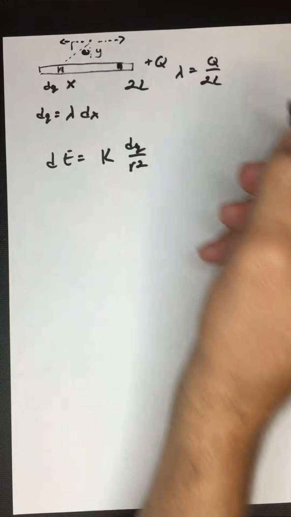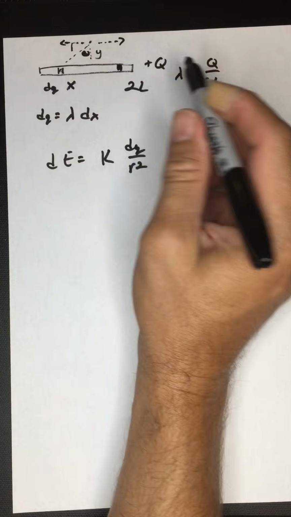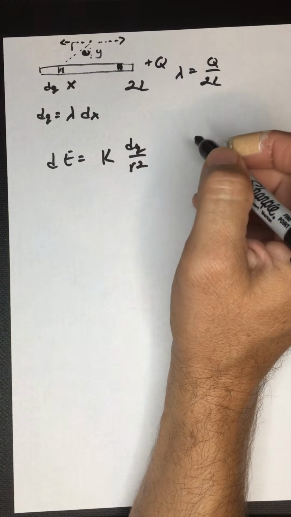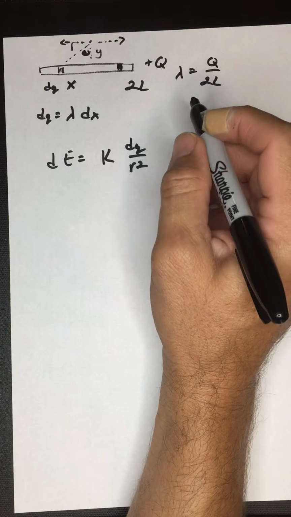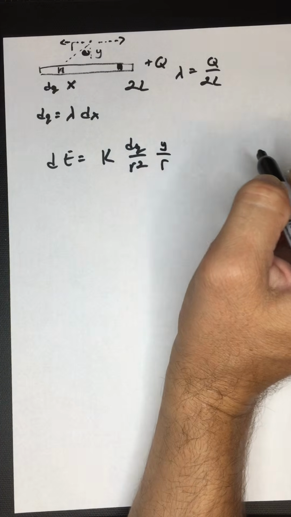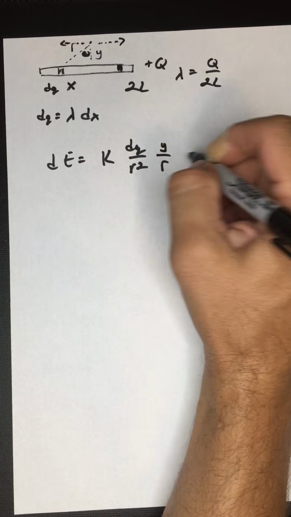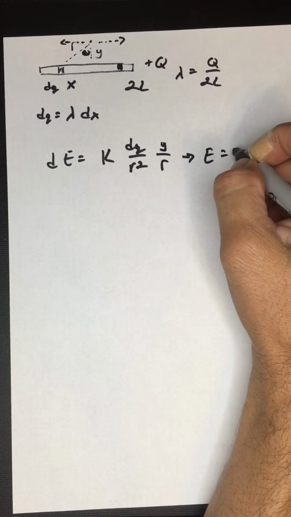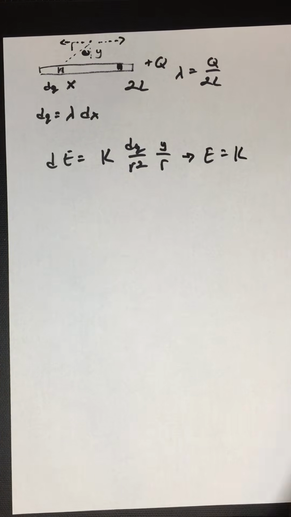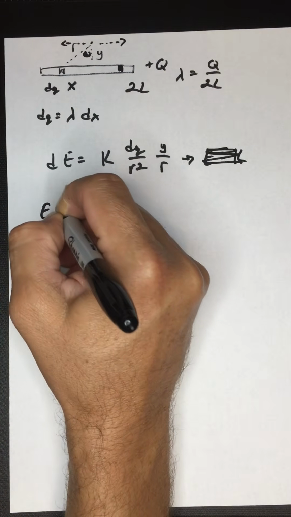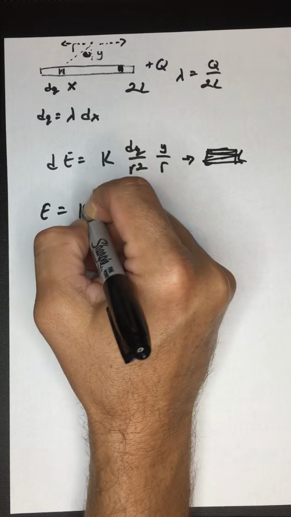So I can go ahead and peel off that component. Let me put a theta right there. And that means the vertical component is going to be a function of the adjacent side. That's the cosine of theta. And I get the cosine as y over r. So when I integrate both sides, I'm going to get E is equal to k. I don't have enough room there. Let me go to the next line. E is equal to k.